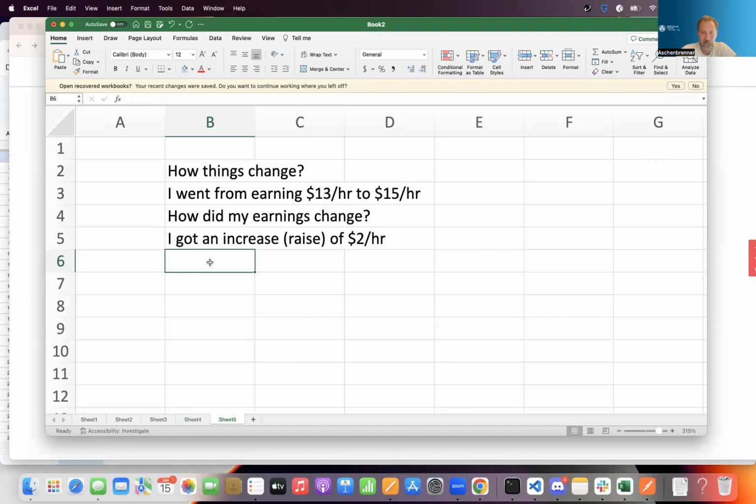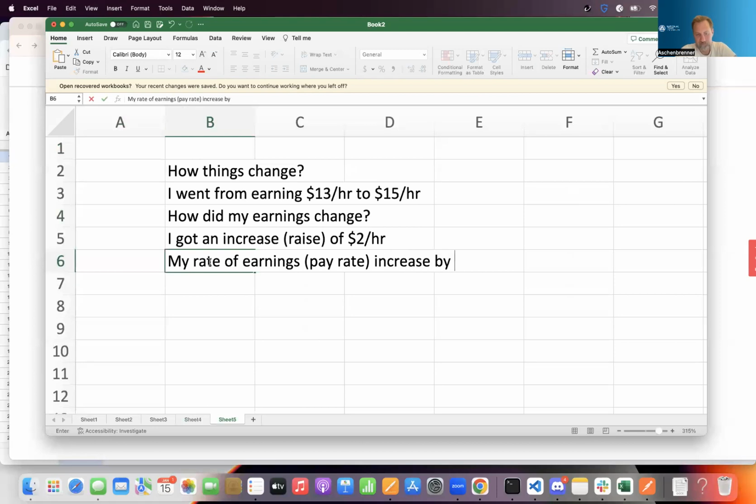We can also express it as an increase. My rate of earnings, which is my pay rate, increased by X percent. And this is a situation where, again, we're going to make a ratio, turn it into a decimal, and turn it into a percent. So how do I figure it out? First of all, the increase was $2 over the base, or the starting number.